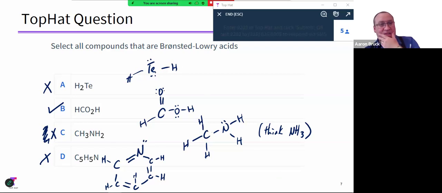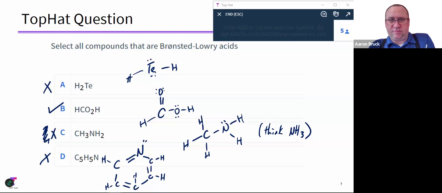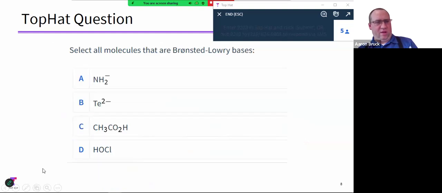But this one, I guess the argument that they're making is that the H2Te is a lot like water. But like I said, I feel like that's a hard sell because the electronegativity difference is not that great. In fact, I think hydrogen is more electronegative. So we might agree to disagree on that one. All right, let's try the next one.